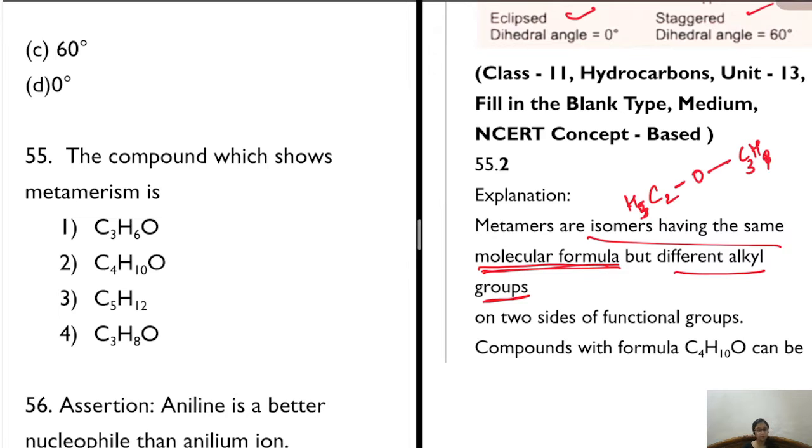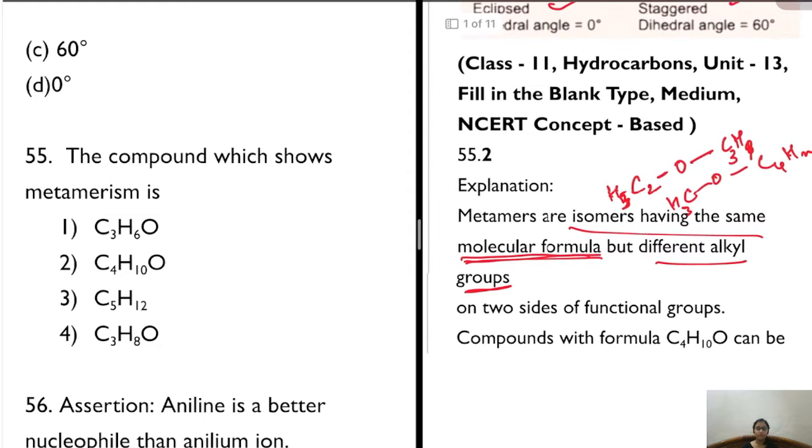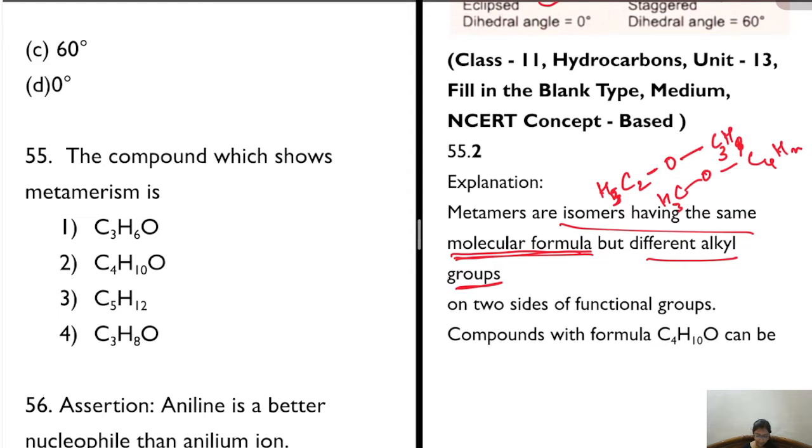We can change the number of carbons in the groups, make it CH3 like this and have a larger alkyl group here. So these are metamers. They have different alkyl groups around the functional group.